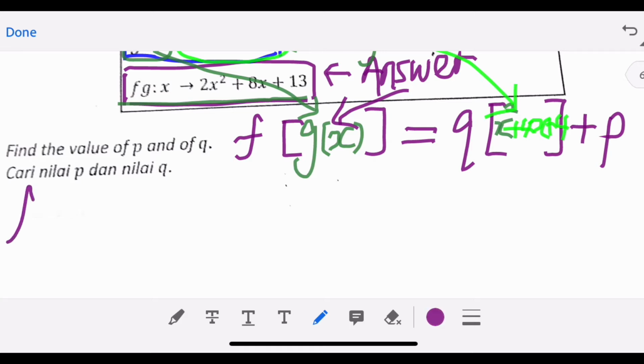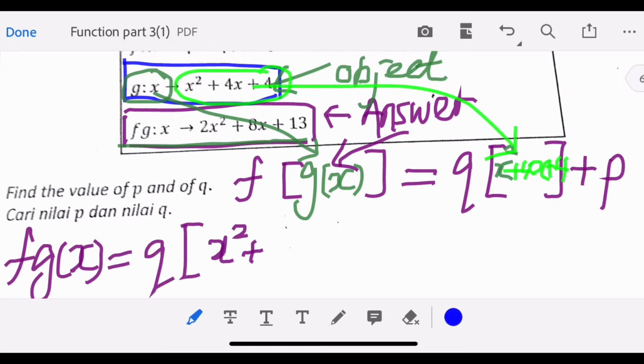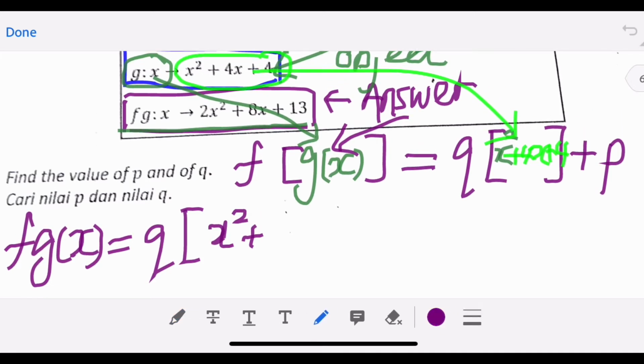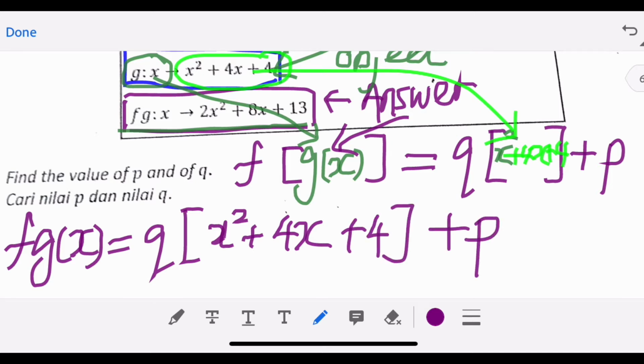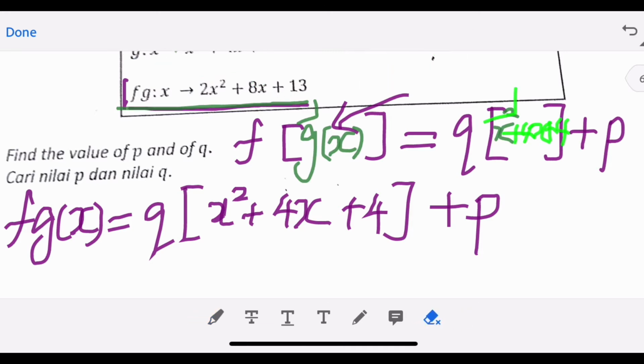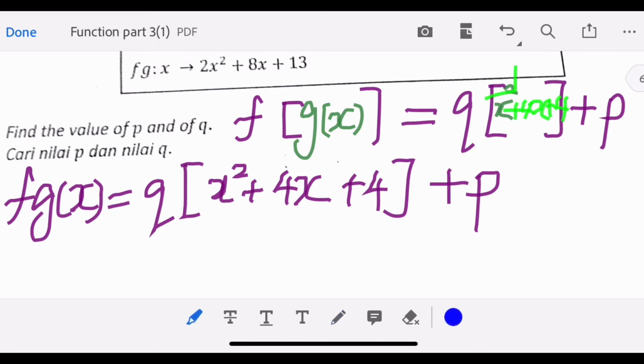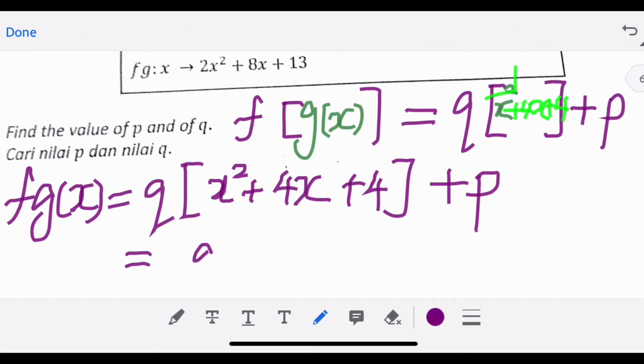So f(g(x)) is equal to q follow, then inside is x squared plus 4x plus 4, right? Then you close the bracket plus p. Alright, so we almost got the composite function already. Okay, so I'm going to simplify first.